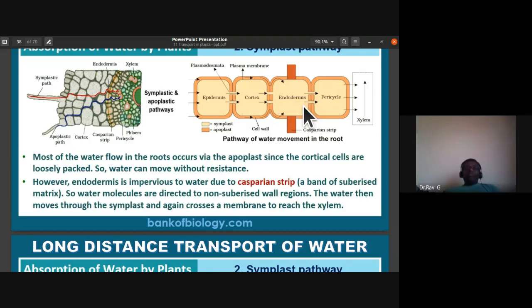So the water moves through the symplast, the cytoplasmic connections, nothing but plasmodesmata, and then crosses the cell membrane to reach the xylem.